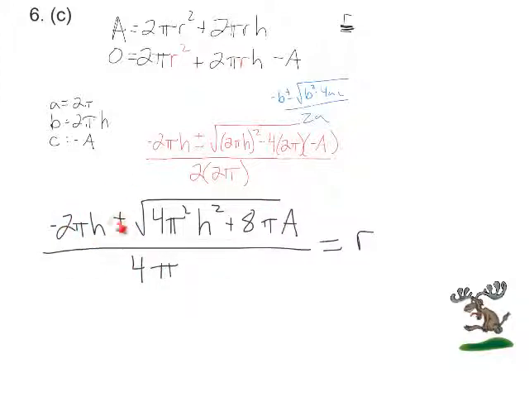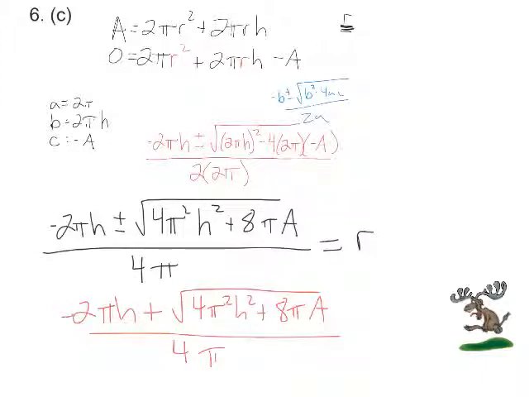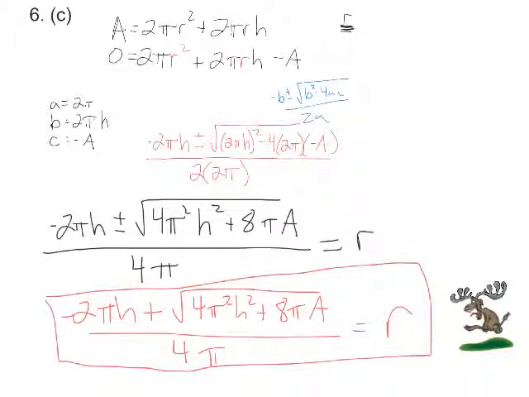So we need to get rid of the subtract for our final answer: negative 2 pi h plus the square root of 4 pi squared h squared plus 8 pi A, all over 4 pi. And this should get us a positive r value. Of course, it would depend on what the A's and the h's are, but overall this should wind up creating a positive value.